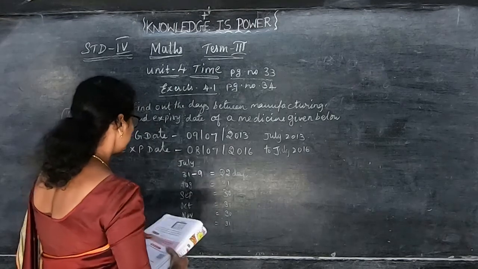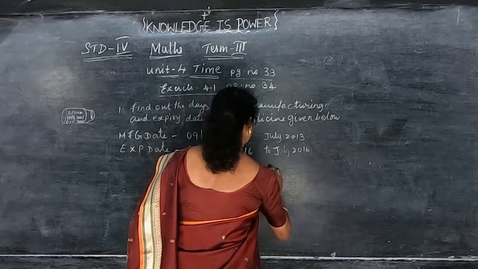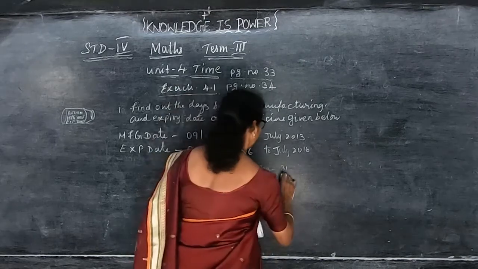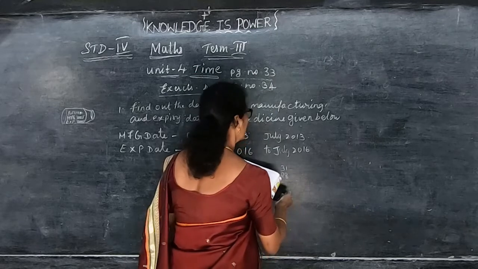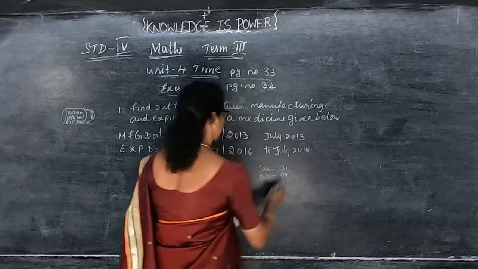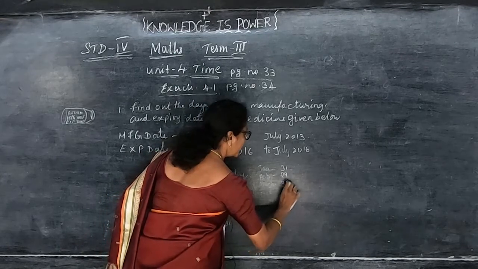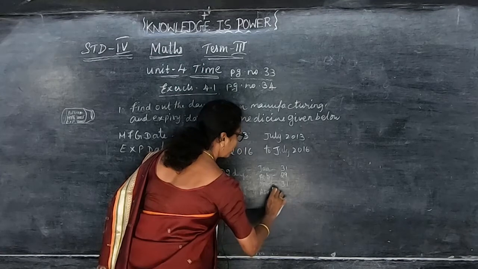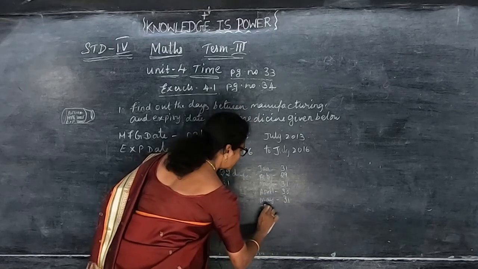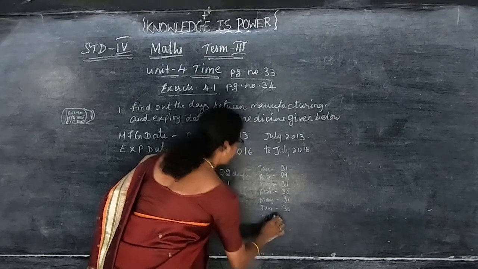Then January again 31, February, which year is this? 2016 is a leap year, so that is 29 days. Then March 31 days, April 30 days, May 31, June 30 days, and in July they have given the date 8.